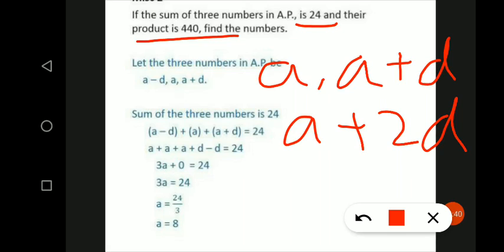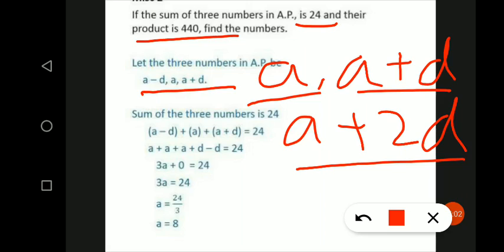So pause your video for a few minutes and try to solve by both methods. First, by taking the 3 terms as a, a plus d, and a plus 2d, and secondly by taking the 3 numbers as a minus d, a, and a plus d. Give a few minutes to solve this question on your own. Pause your video and solve it.